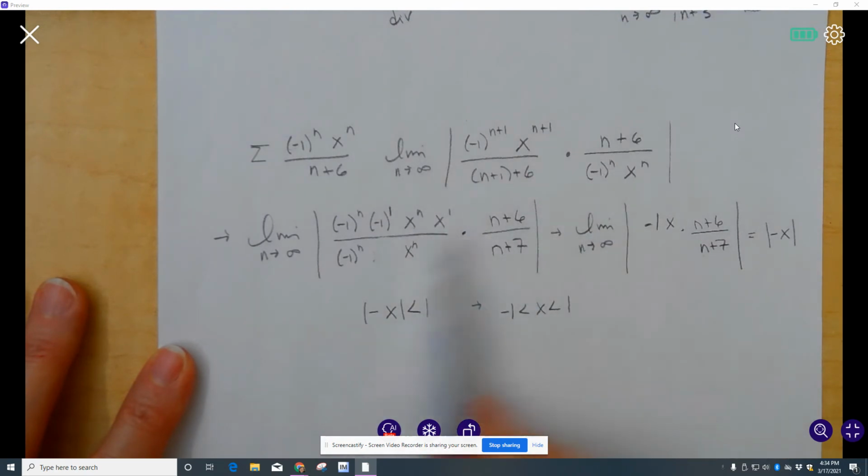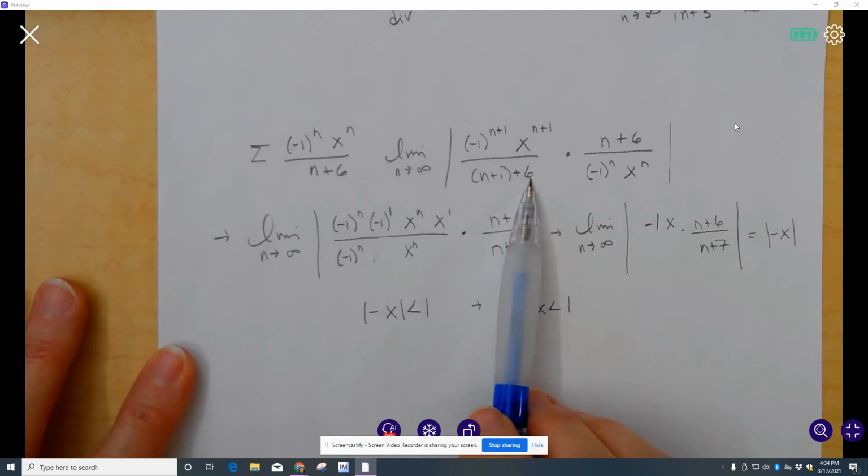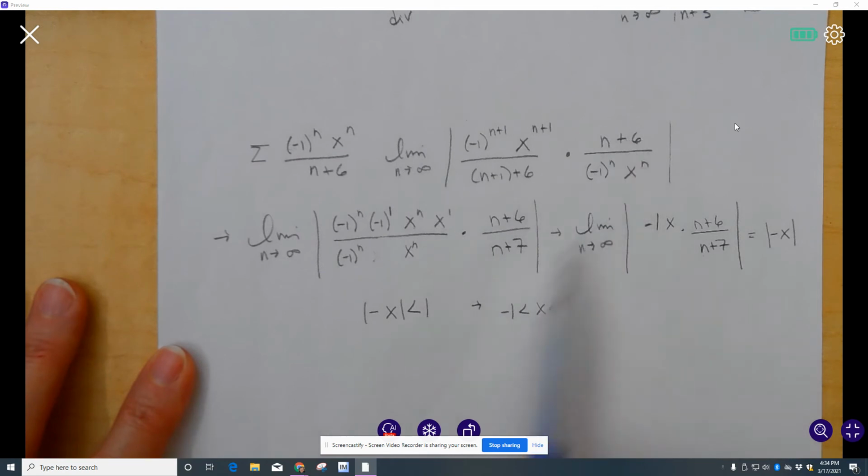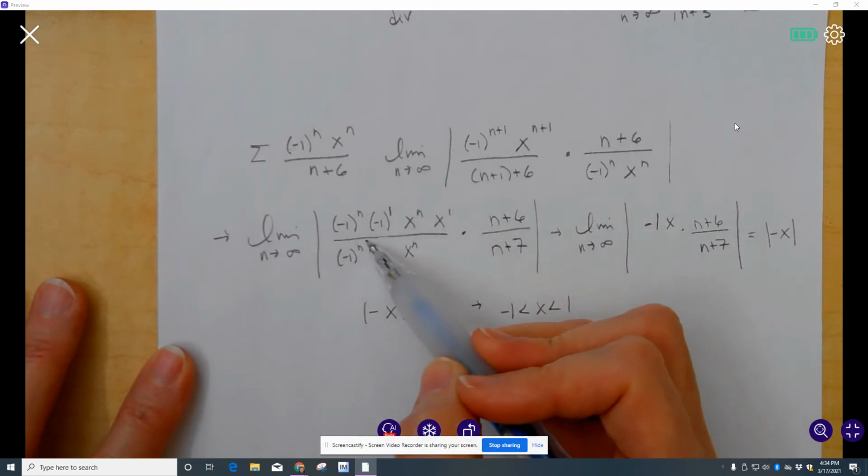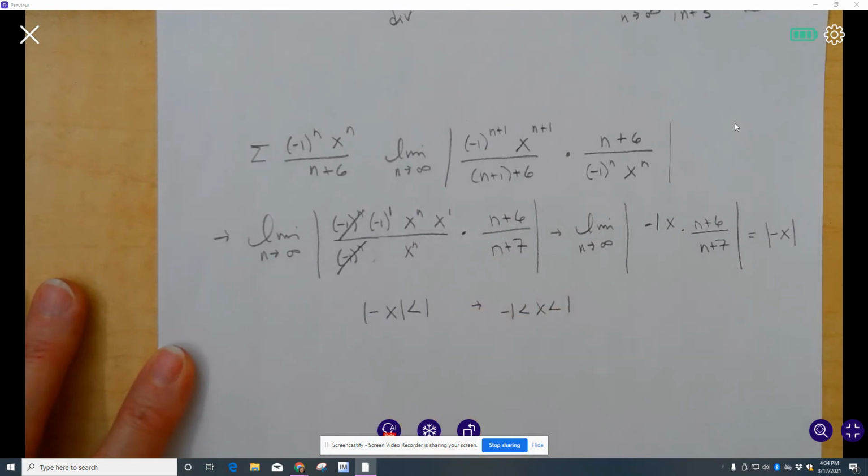And then these I wrote underneath these because they go together when I'm simplifying. n plus 1 plus 6 I wrote as n plus 7, and I put it with the n plus 6. So now if you think about simplifying, those divide to give me 1, those divide to give me 1.